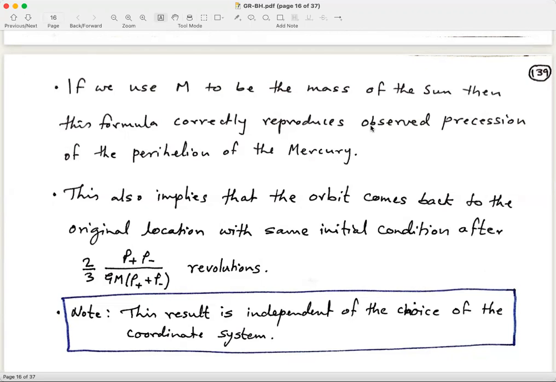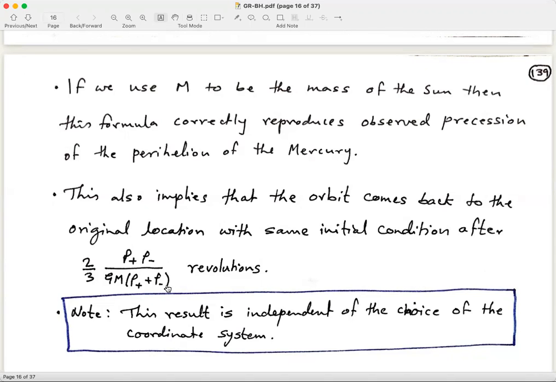Now, as I said, the orbit will of course come back to its original orbit only after it has done a certain number of revolutions, and the number of revolutions is basically given by 2 by 3 times rho plus rho minus upon gm times rho plus rho minus.